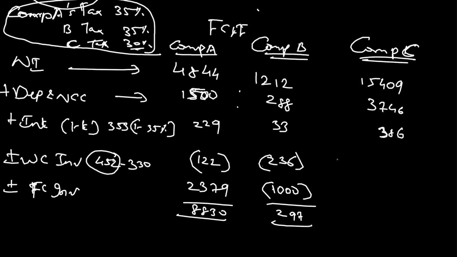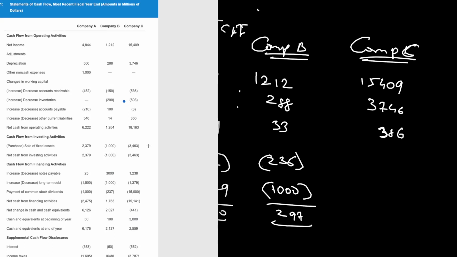Okay, 386. Then plus or minus working capital investments. So working capital, both are in minus over here, the current asset is in minus, and for current liability I can take the net figure as 347. So current assets will be 536 plus 803, so 1339, that I will minus with 347, it comes to 992, and I'll take the bigger number's sign, that is current asset, which is minus.